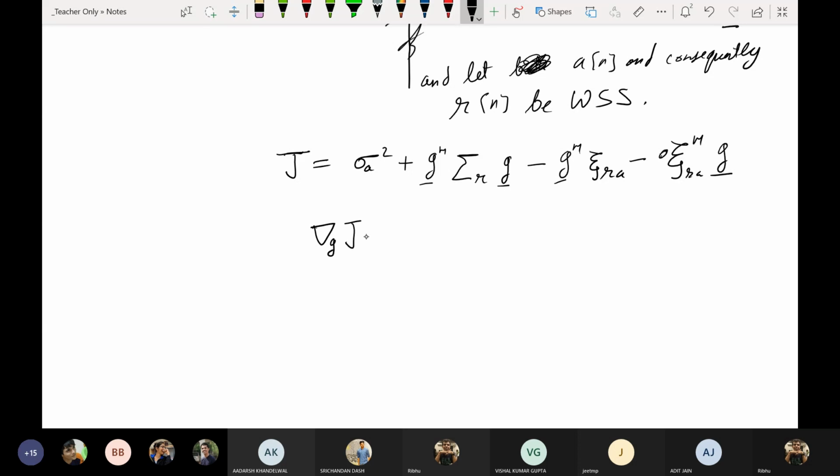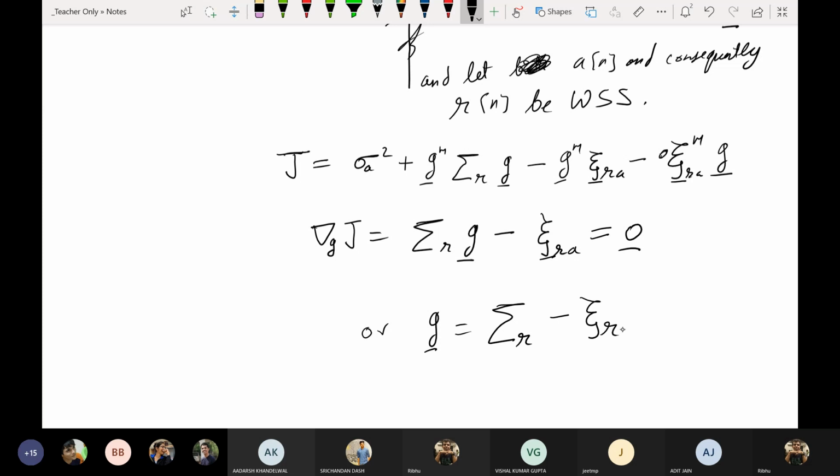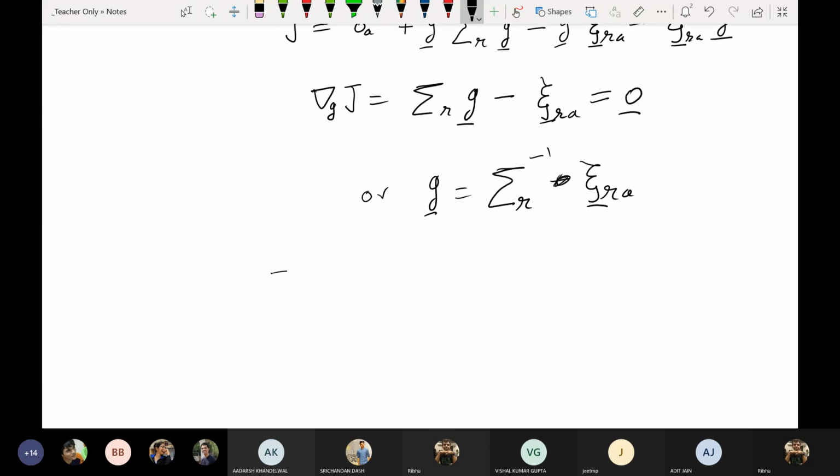Differentiating this with respect to G, I get sigma R G minus psi R, so G equals sigma R inverse psi R. Fine. This is fine, guys. Yes, sir. Great.